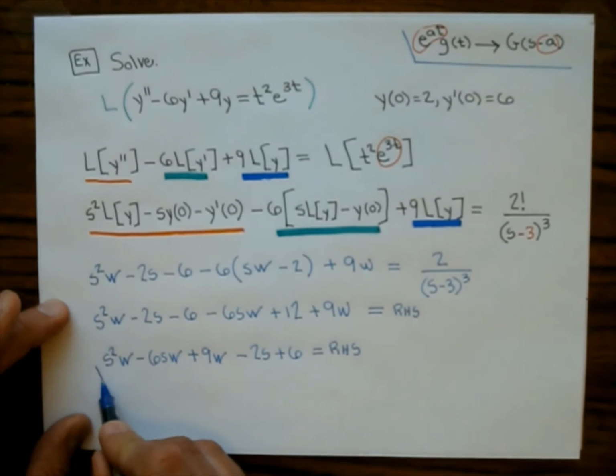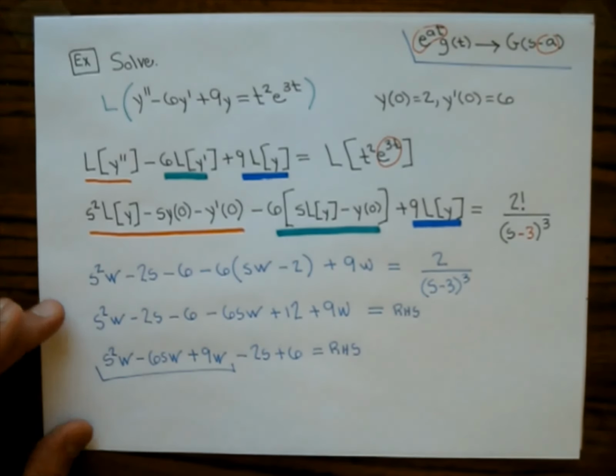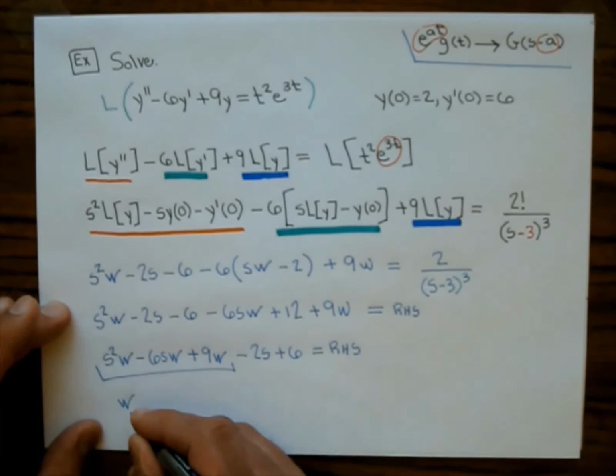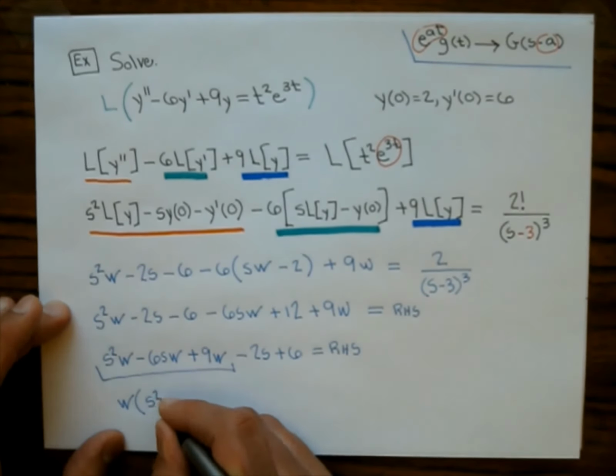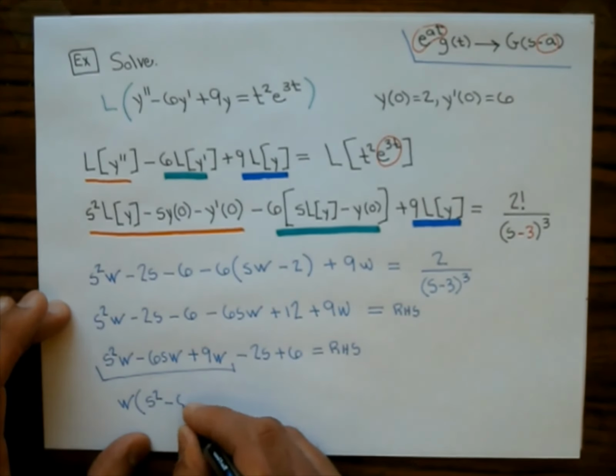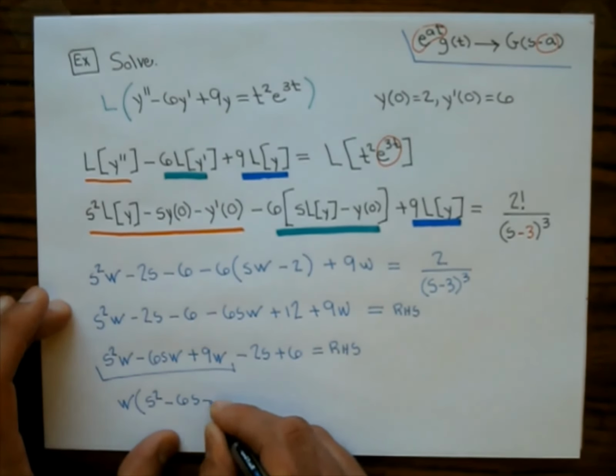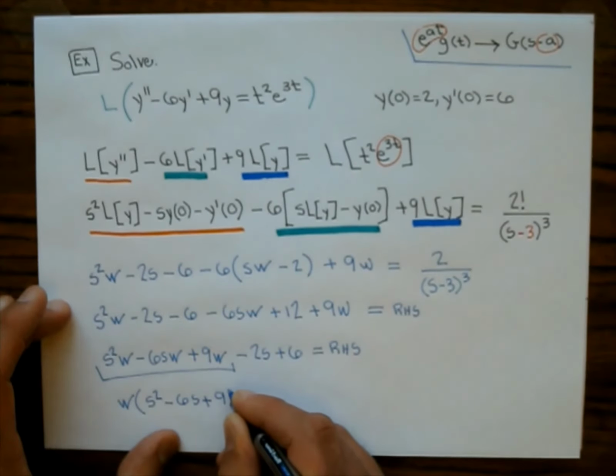And now I'm going to keep my W's on the left-hand side, and I'm going to factor out one of them. Well, that's the only thing I can factor out. So this is S squared minus 6S plus 9.